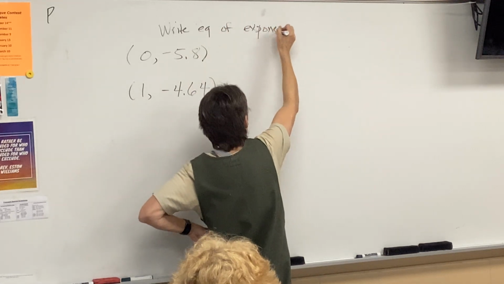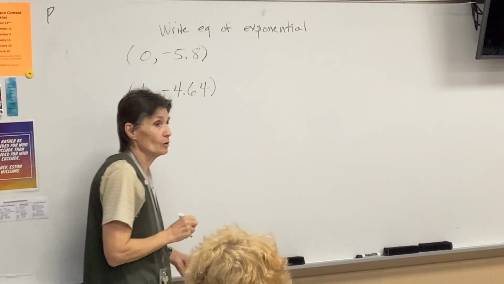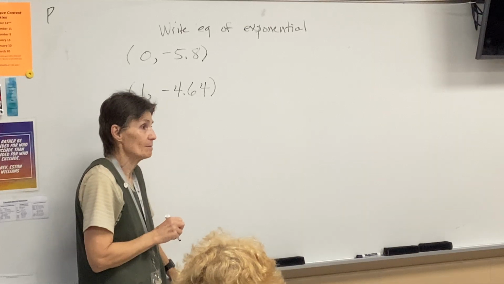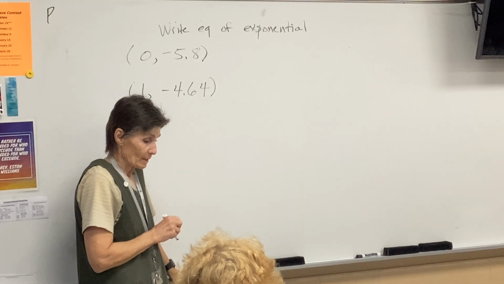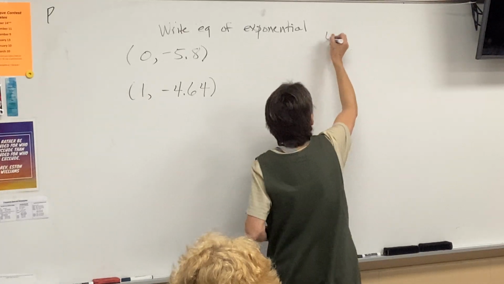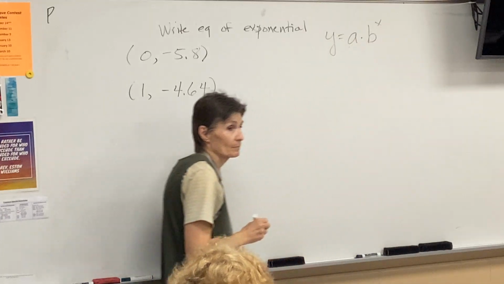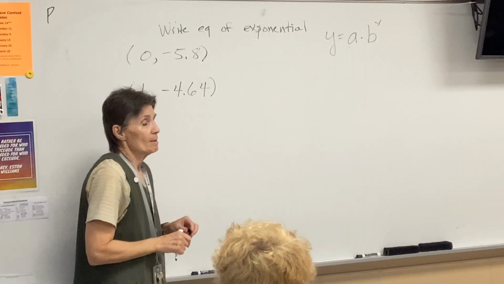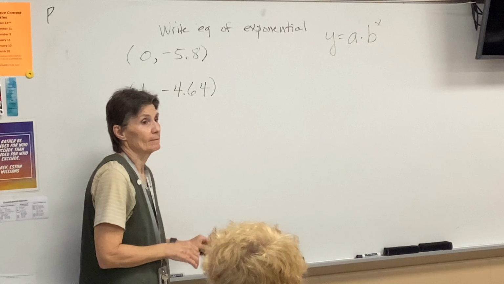We did this yesterday. What does an exponential look like? This is your notes, page 25, down at the bottom, section 3.2. Y equals A times B to the X. We did these yesterday. They didn't have decimals in them, but we did them yesterday. Who remembers how we started?